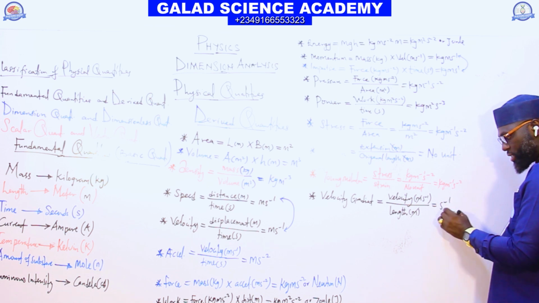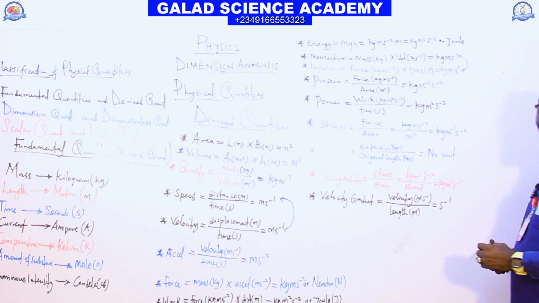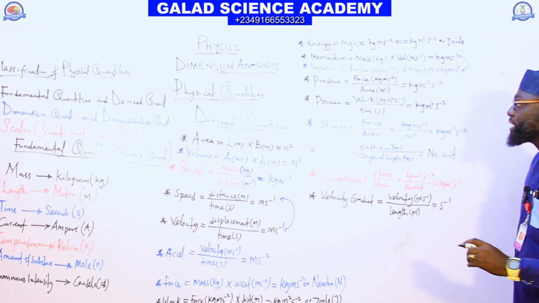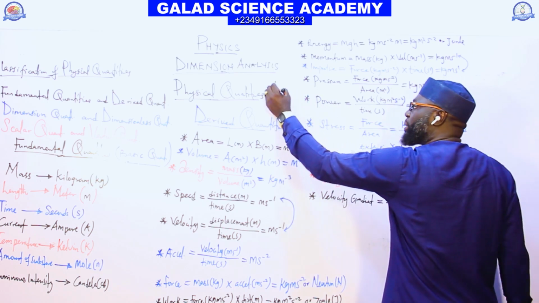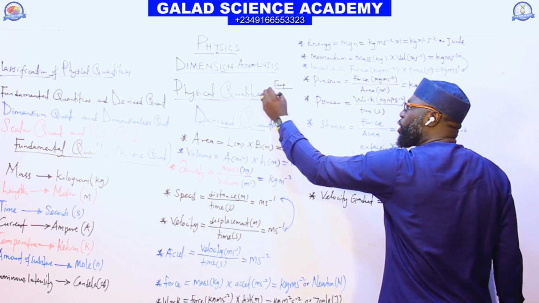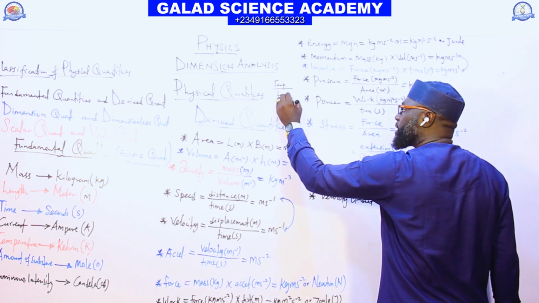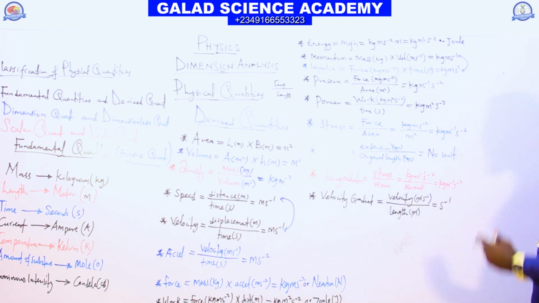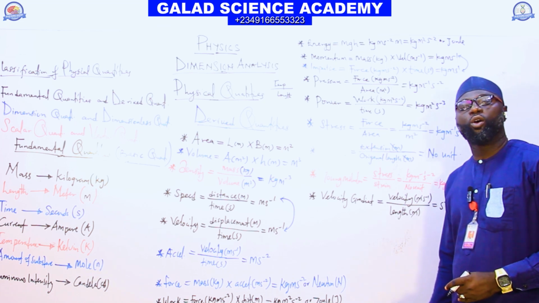It will have this. If you have to find temperature gradient, it should be temperature over length. If you have to find pressure gradient, it will be pressure over length.